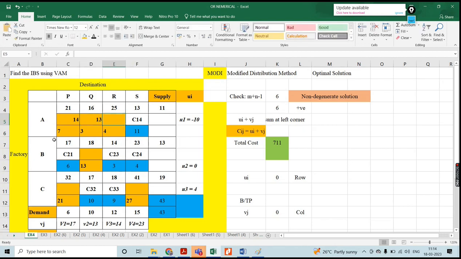Then 25 minus 4? 21. Then 18 minus 13? 5. 32 minus 21? 11. Then 41 minus 27? 14.